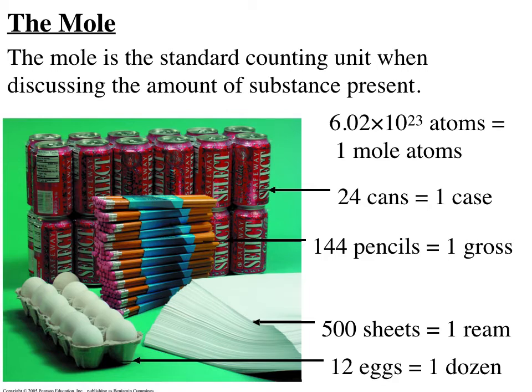But chemists have decided upon 12 grams of carbon-12, counting out exactly what is in that 12 grams, and you would find 6.02 times 10 to the 23rd atoms of carbon-12. So that is what we are going to use to define this measuring unit. Think of it like, as I'm showing in this picture, a case of beer, that's 24 cans of beer, a gross of pencils, that's 12 dozen or 144 pencils, a ream of paper, 500 sheets, and a dozen eggs is 12 eggs.